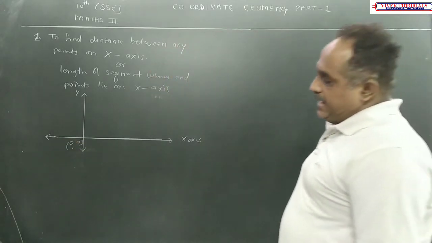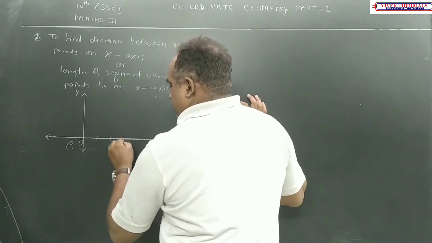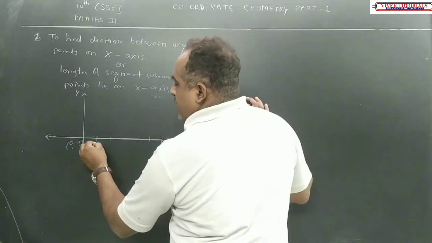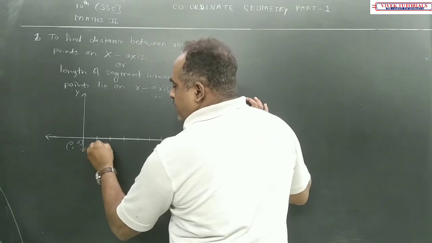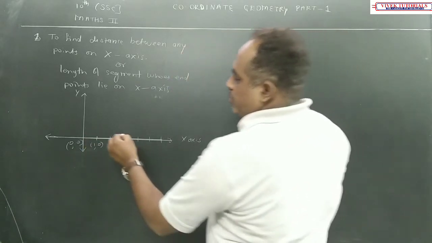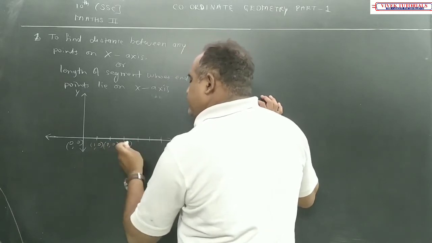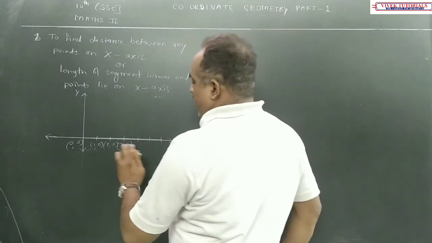On the x-axis, suppose this is 1, 2, 3, 4, 5, 6, like that. Its coordinates will be 1, 0, 2, 0, 3, 0, because we are going to write the coordinate of the x-axis first and then the coordinate of the y-axis.